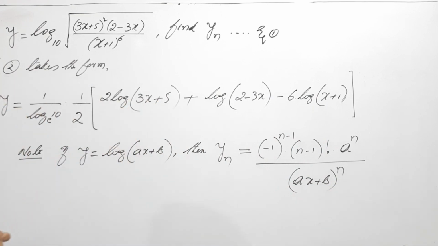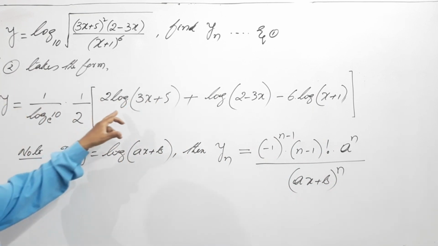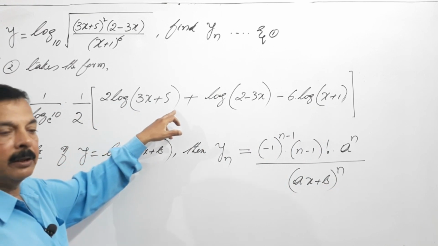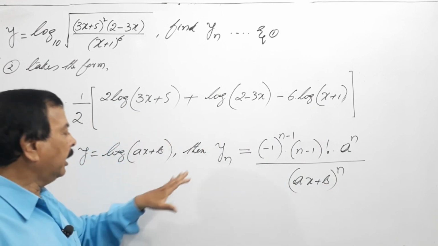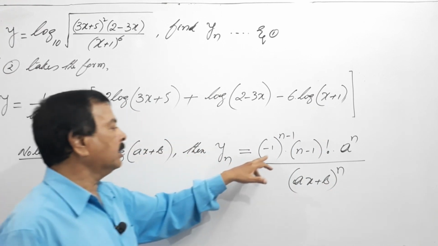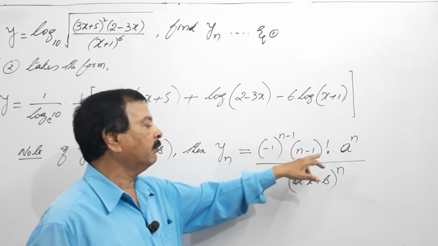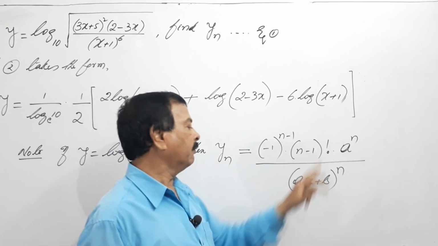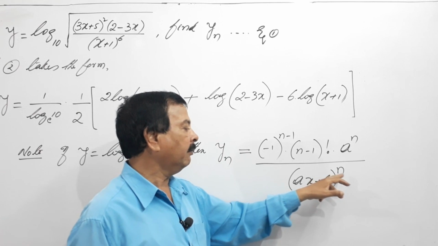So this is the form: log of ax plus b, and its nth derivative is minus 1 to the power of n minus 1, n minus 1 factorial, a to the power of n divided by ax plus b to the power of n.